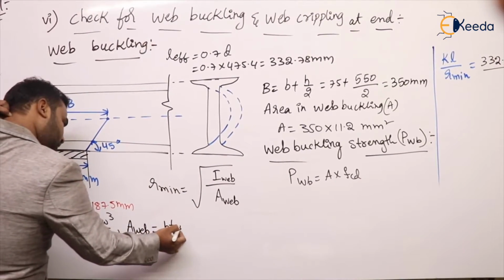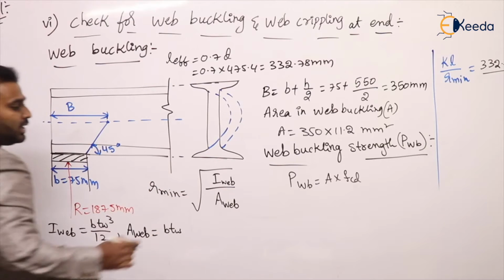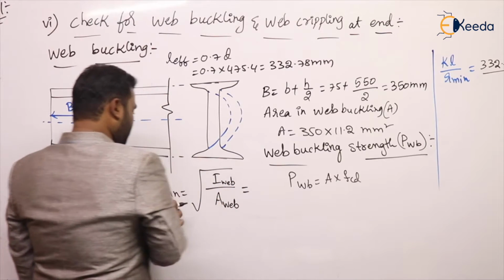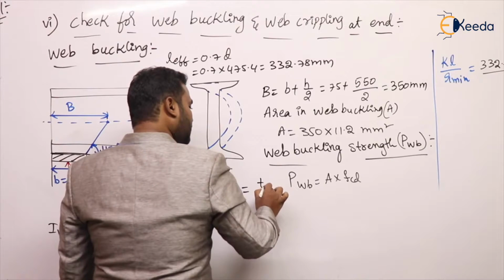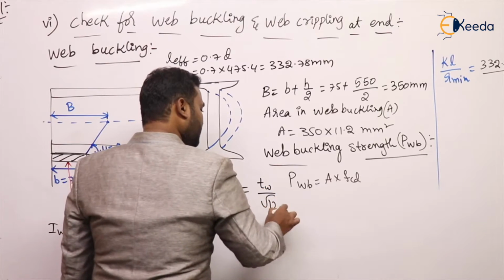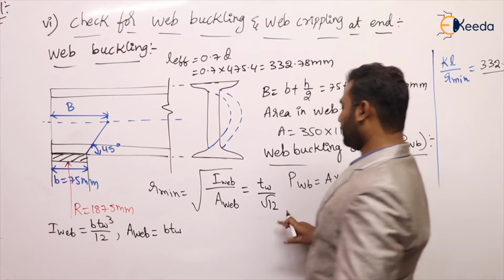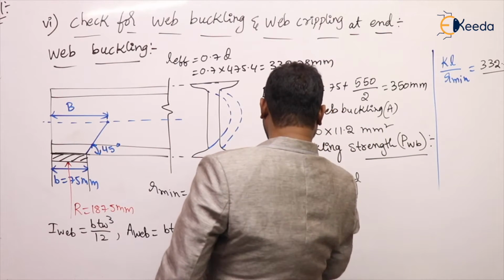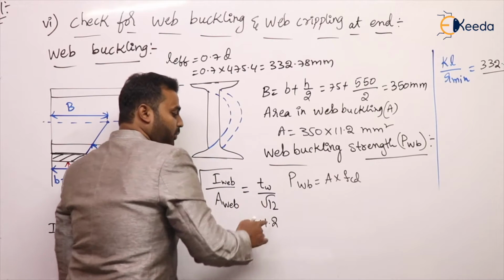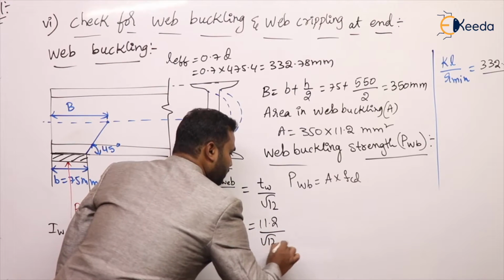If you substitute these terms in this formula, finally we are going to get the minimum radius of gyration as TW upon root 12. So substituting, we get the same formula. Now TW upon root 12, thickness of the web is 11.2 upon root 12.